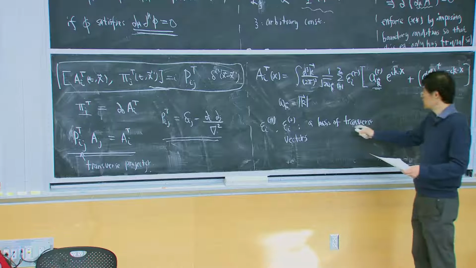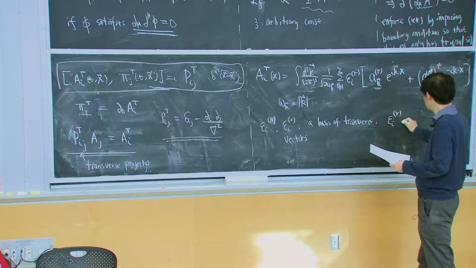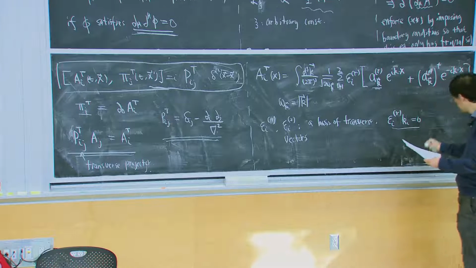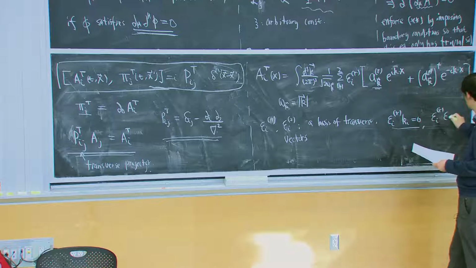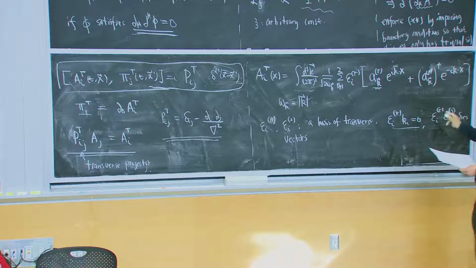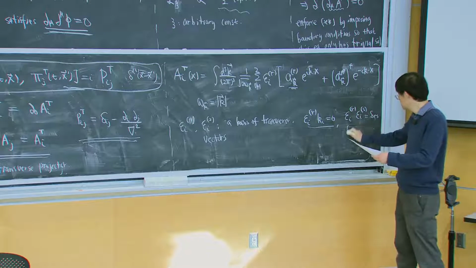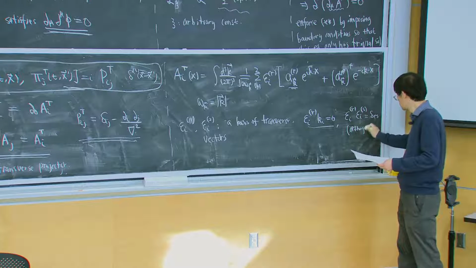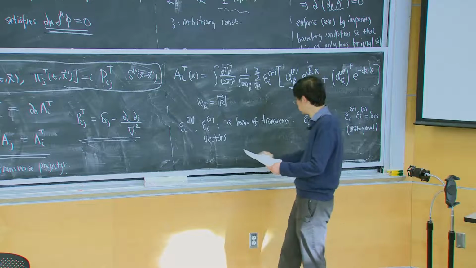By definition, this should satisfy epsilon_i^r k_i equal to 0, so this should be transverse. We also define them to be orthogonal to each other, with r and s here being 1, 2. So this is the orthonormality condition.